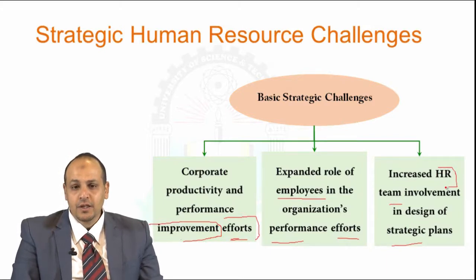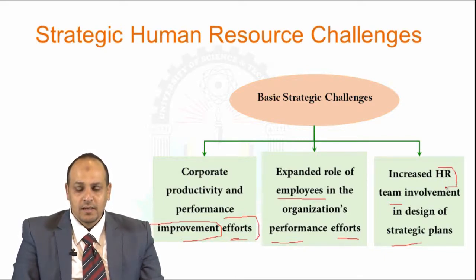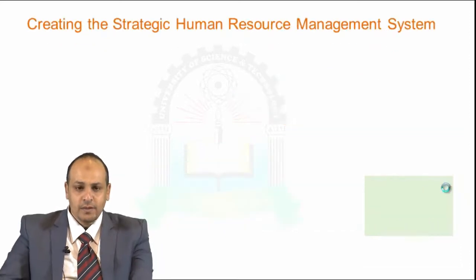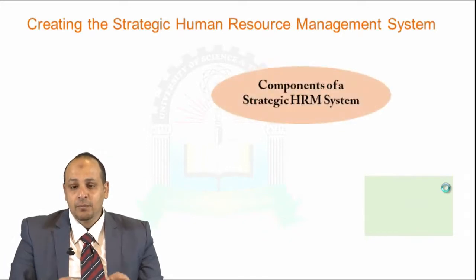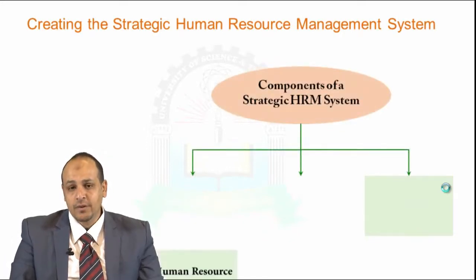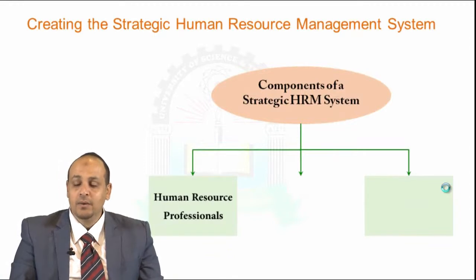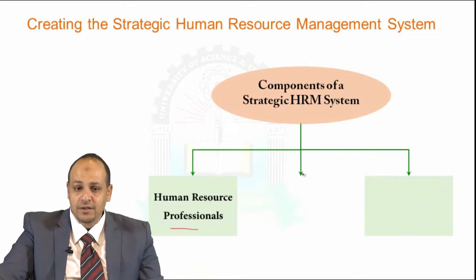Now, creating the strategic human resource management system is as follows. We have the components. The first one is the human resource professionals. In order to have a very professional system for human resource management, so that we come up with a strategic human resource management system, we must have professionals.